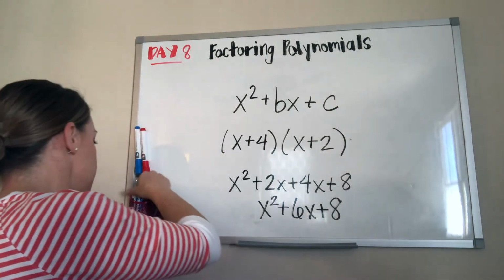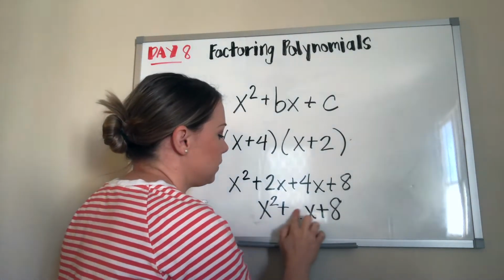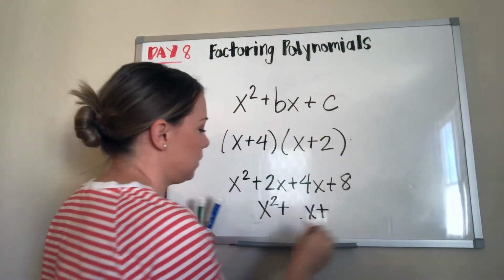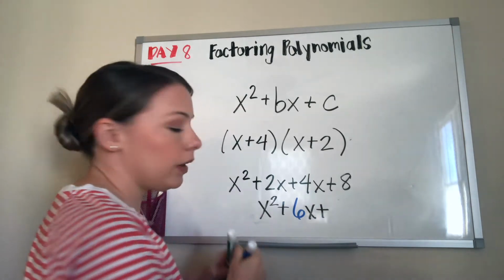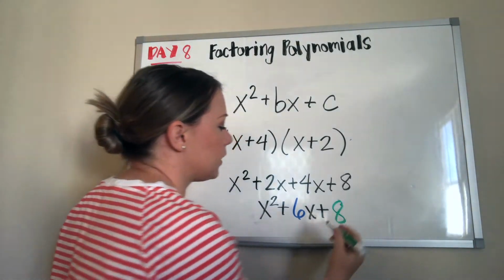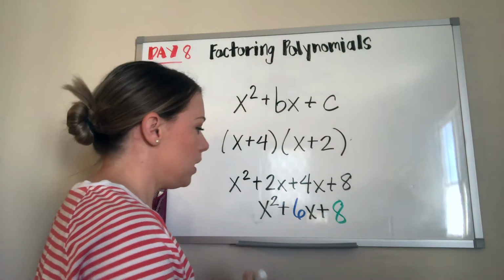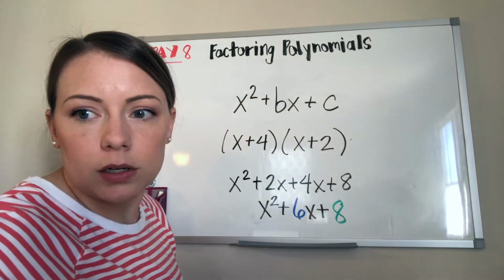I'm going to take my 6 and my 8 and change their color so things stick out a little bit better for you, so this hopefully clicks pretty quickly. And my computer decided to close for a second.